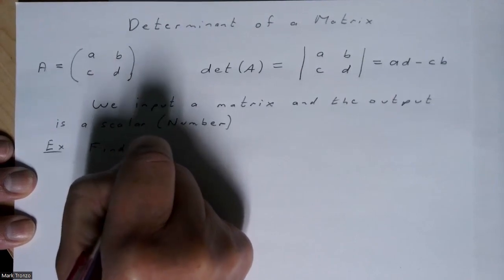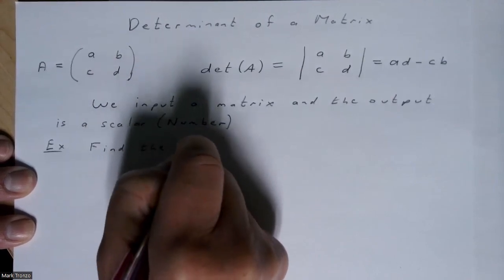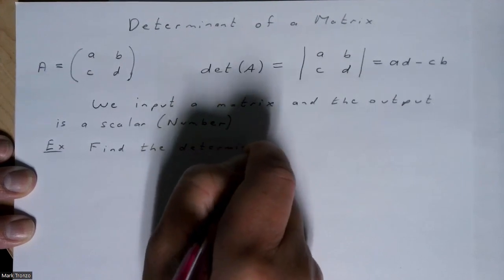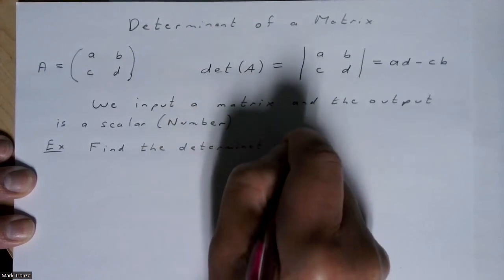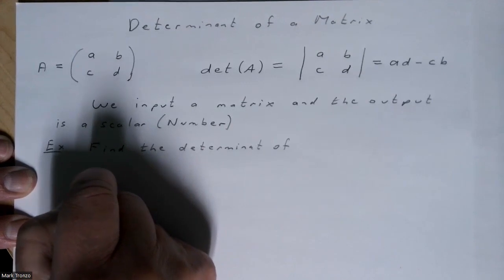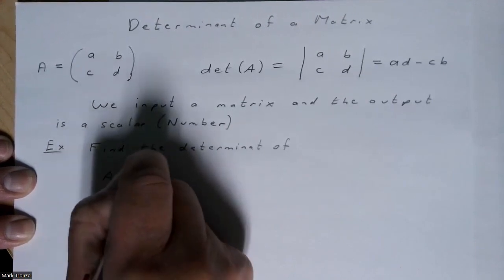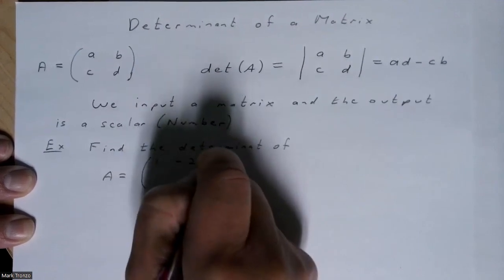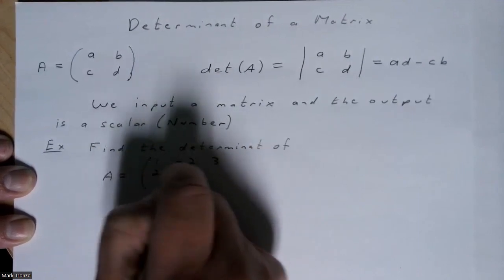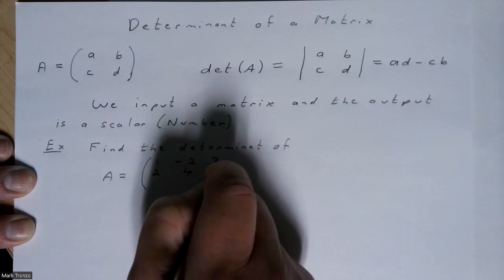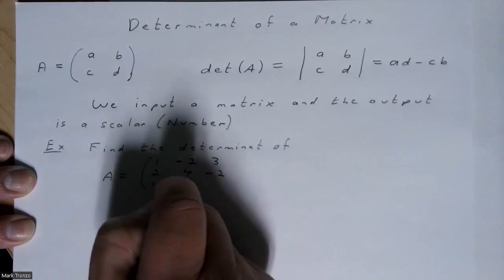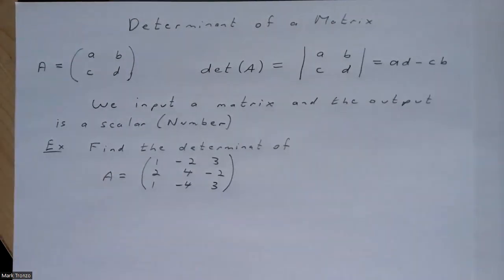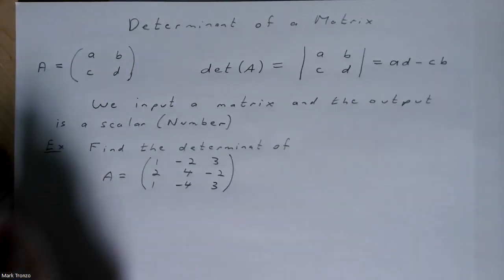Find the determinant of [1, -2, 3; 2, 4, -2; 1, -4, 3], like this.